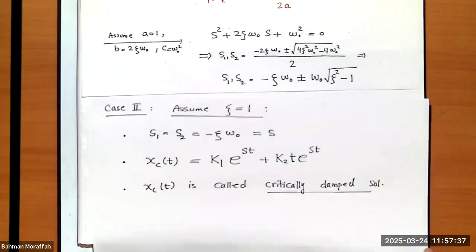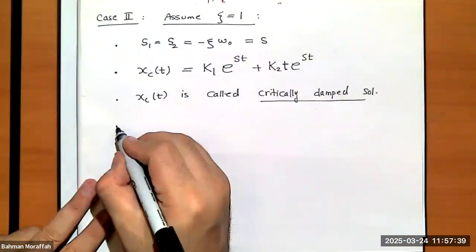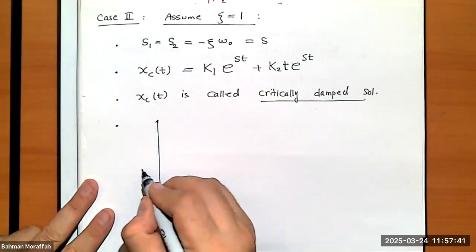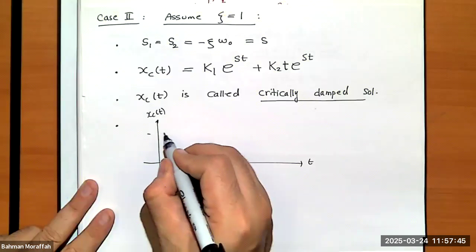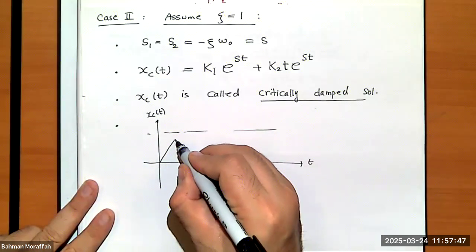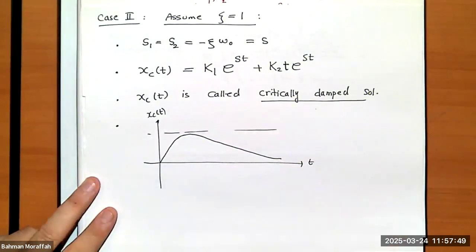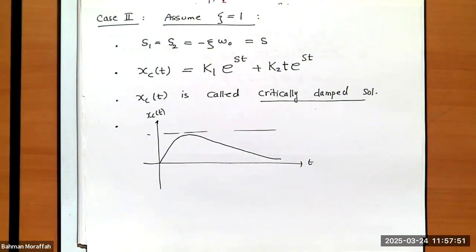And if I plot this, it peaks and it decays. But the main difference between critically damped and overdamped is that it peaks much faster than overdamped, and it decays much faster. And it all happens because of that t that we're multiplying the solution with.